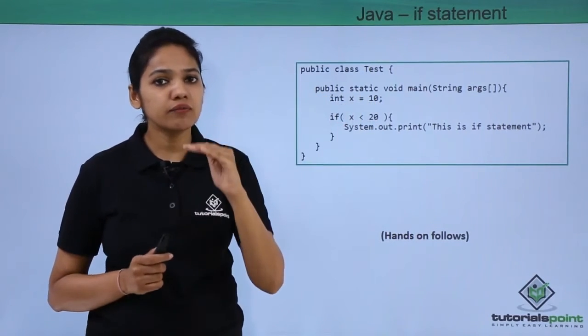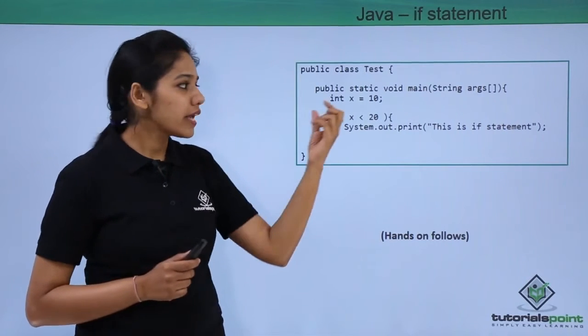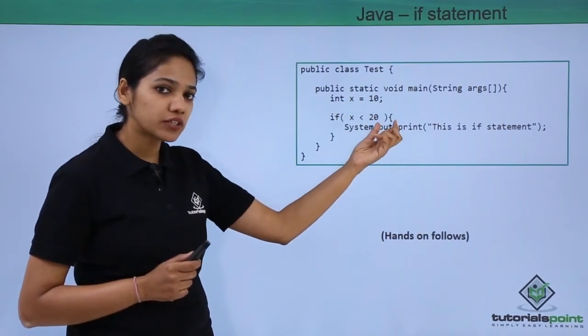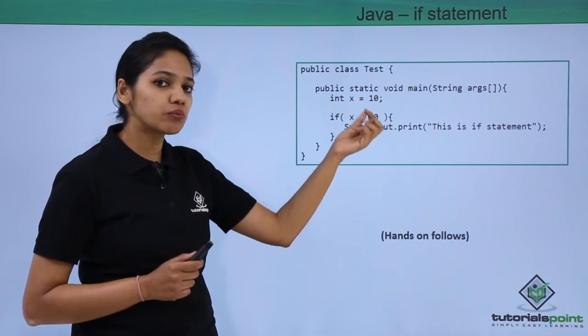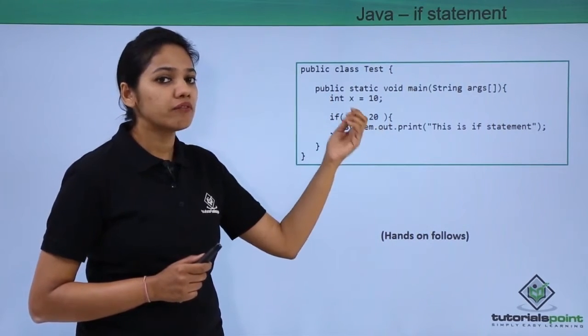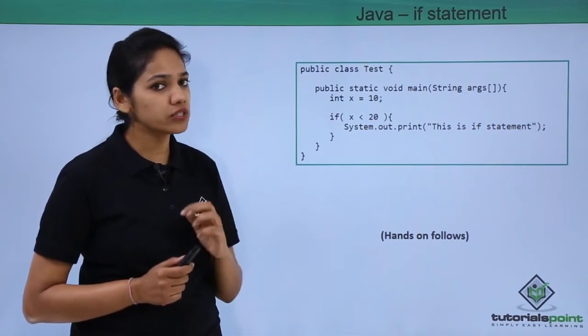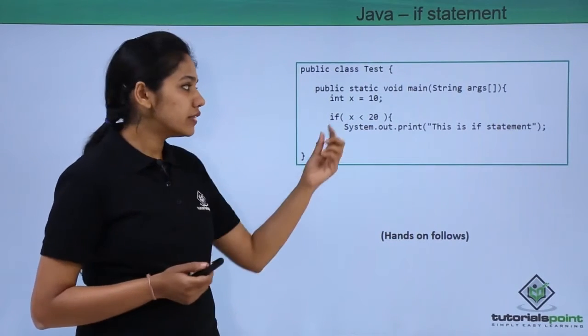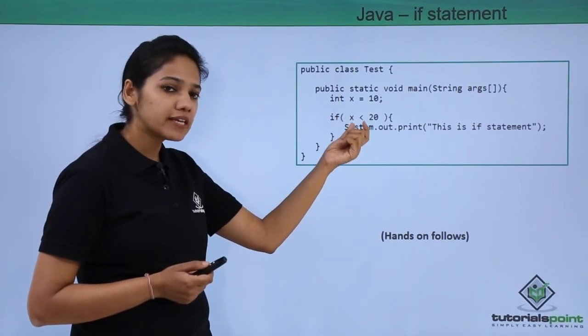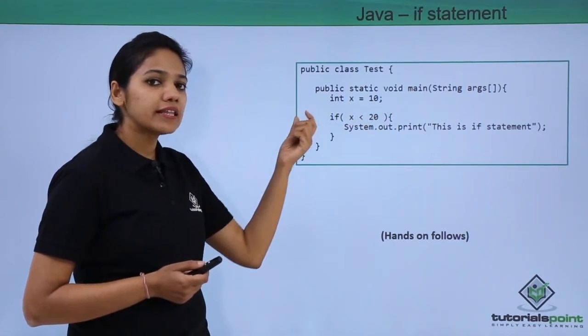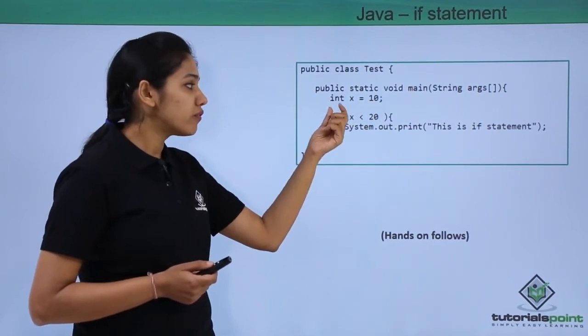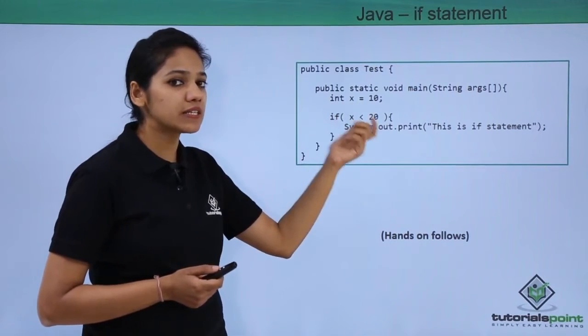So first you declare a variable outside the if condition, and once you have declared and initialized it, you use this variable to compare with any other value, and if that returns true, then it executes the rest of the statements. So here we have created an integer x which holds the value 10, and then in the if condition you say if x is less than 20.